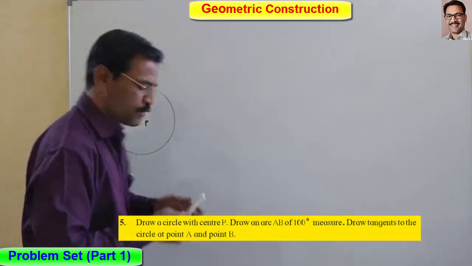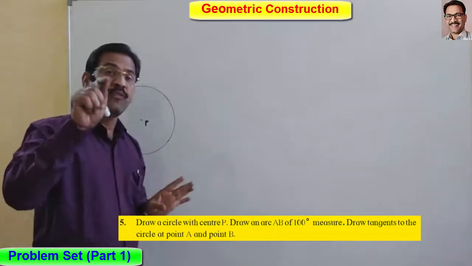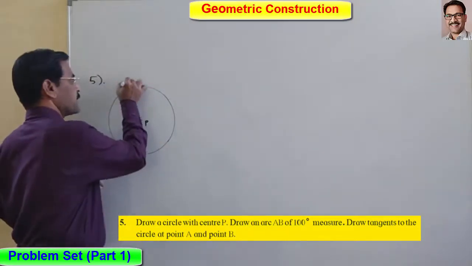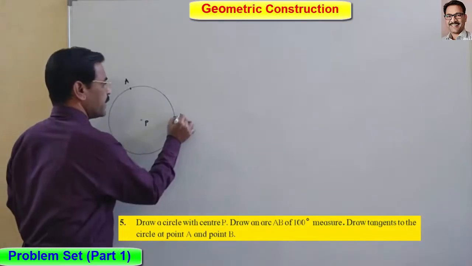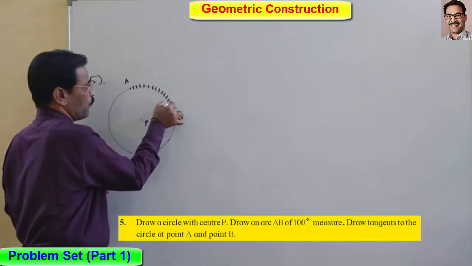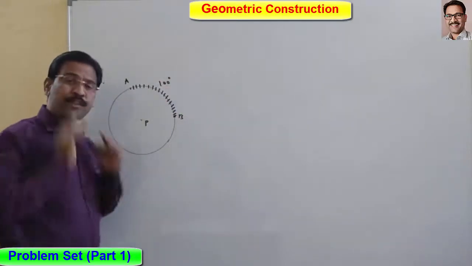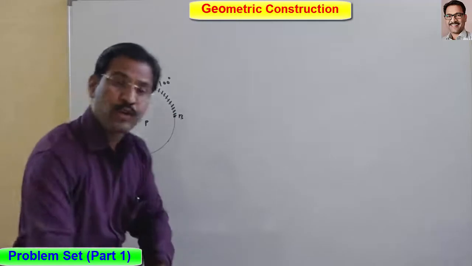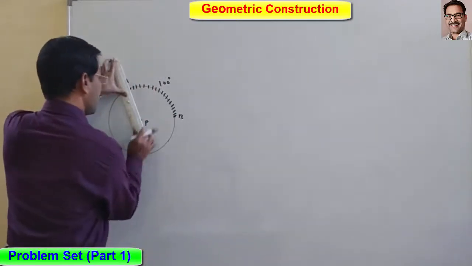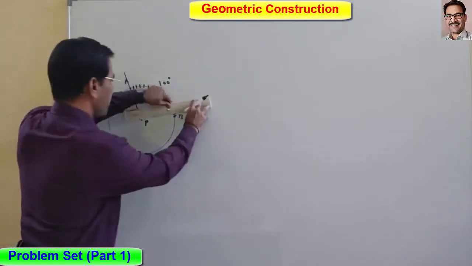Now let's try to observe here. There is one arc given of 100 degrees. Means what, friends? Maybe A here and B here. This is the arc which is of measure 100 degrees. Means what? If we draw, just look here, I'll join this AB, and this BP also.